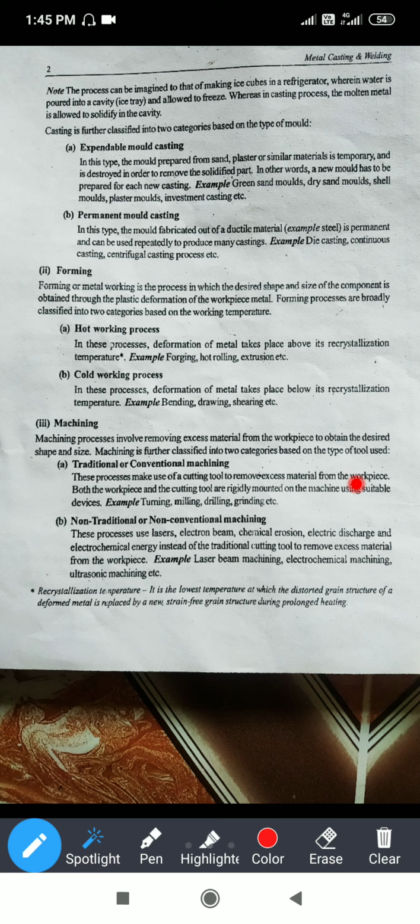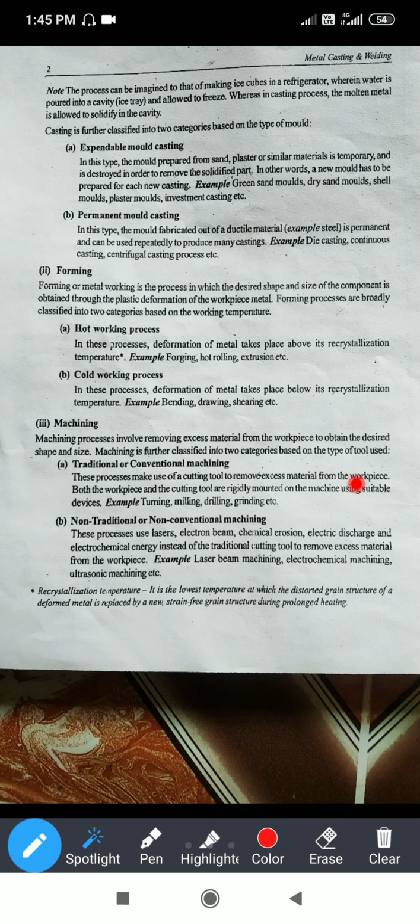When the complete metal has melted and starts to solidify again, at that moment the nuclei are generated and new crystals start to generate. Up to the melting point temperature, the workpiece is not heated in forming processes.